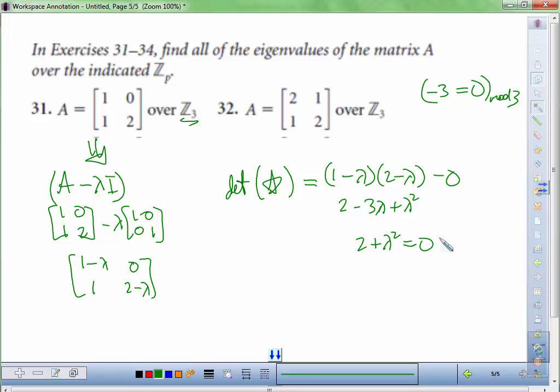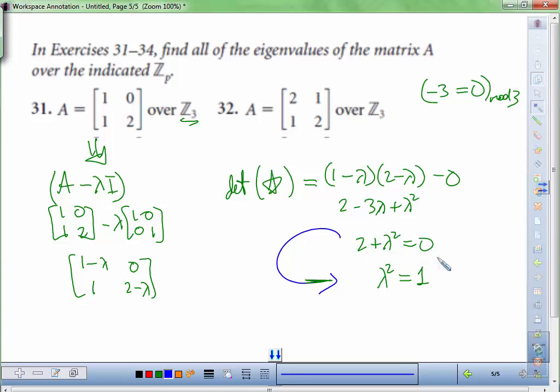So we want to essentially solve for lambda squared, or for lambda. What can we add to 2 to make it 0? Well, in Z3, 1, right?